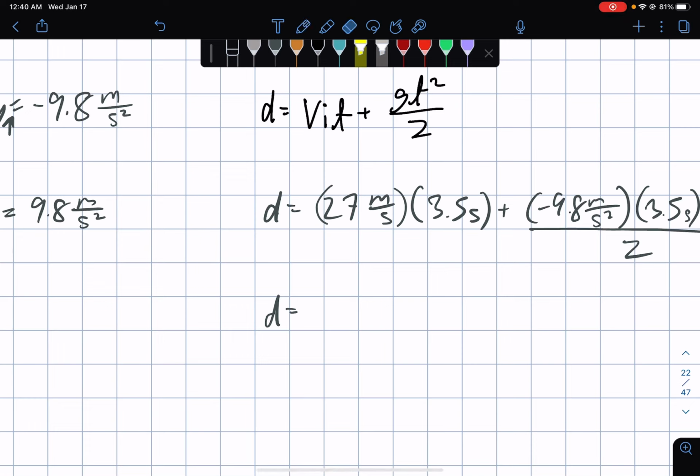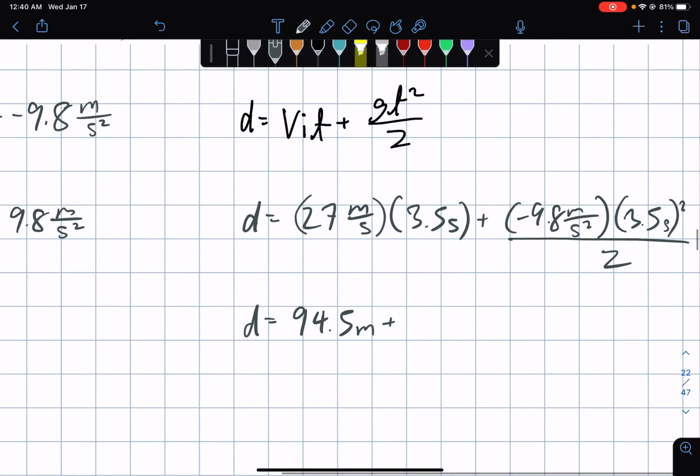Okay, so we have 94.5 meters. Okay, so it's a negative value, so disregard the plus sign.